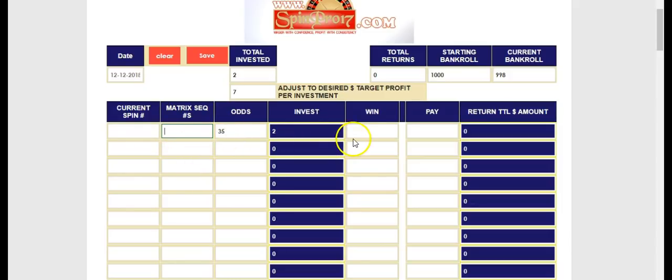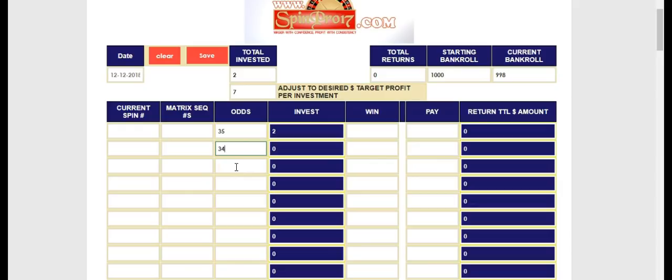And you would just bet on each of these numbers. Once you have a hit, you have a hit. If you have a miss, you will continue by decreasing the odds, which means your next odds is going to be 34 in case you have a miss. And whatever the calculator tells you, that's what you're going to invest per number.